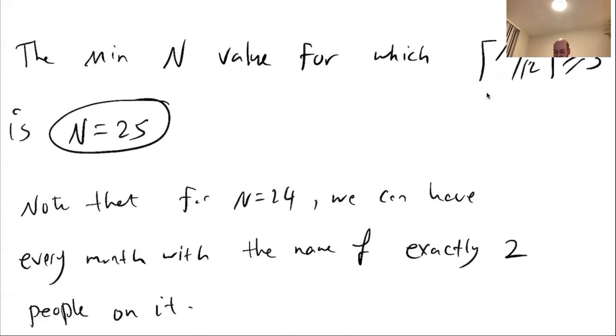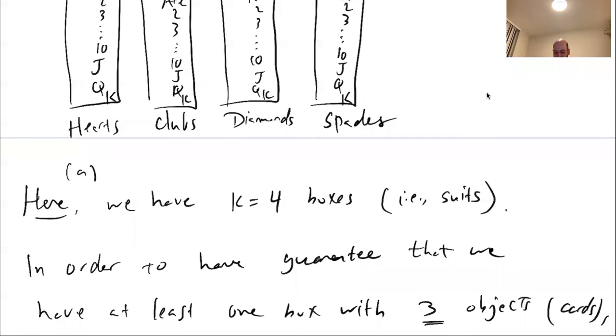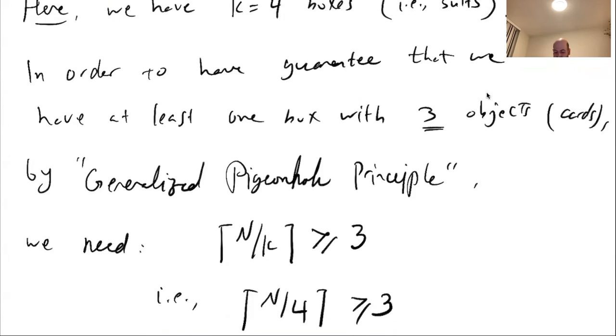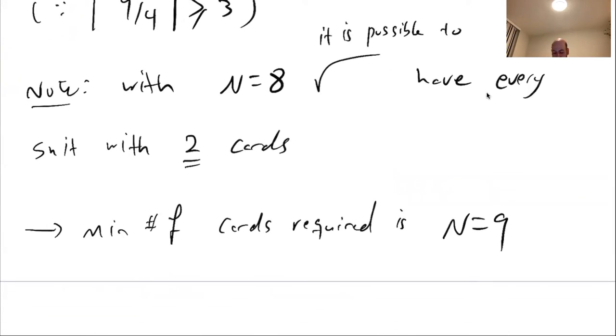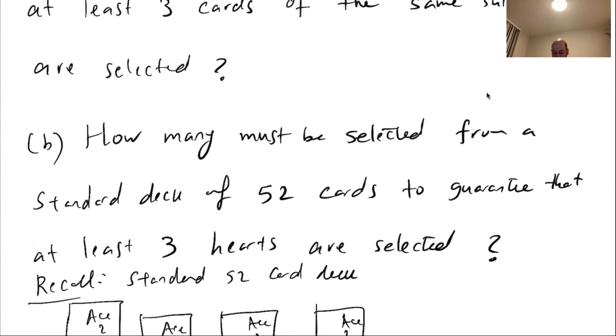But it doesn't say which box. It doesn't say box number 1 has at least a certain number of objects, or box number 2. It just says at least one of those k boxes. But what we need here, let's say I call heart box number 1, club box number 2, diamond box number 3, spade box number 4. In part B, we want box number 1 to have at least 3 objects, or 3 cards. So not any box, just box number 1.